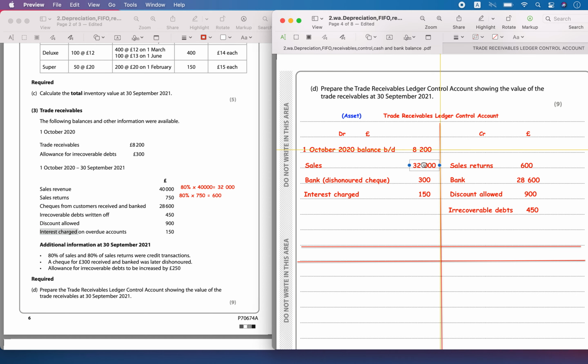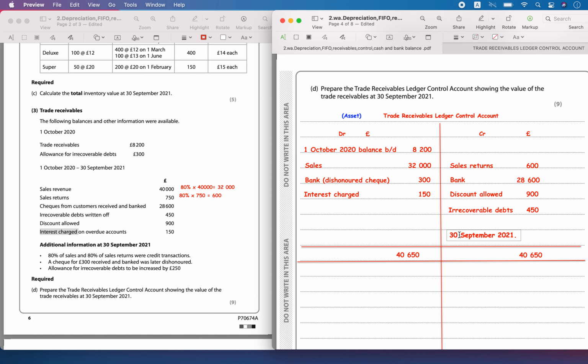Now let's balance here. Let's add up on this side: 32,000 plus 8,200 plus 300 plus 150 is equal to 40,650. So the total has to be the same on both sides. So 40,650 minus 600, minus 28,600, minus 900, minus 450 is going to give me the balance brought down on 30th September 2021.